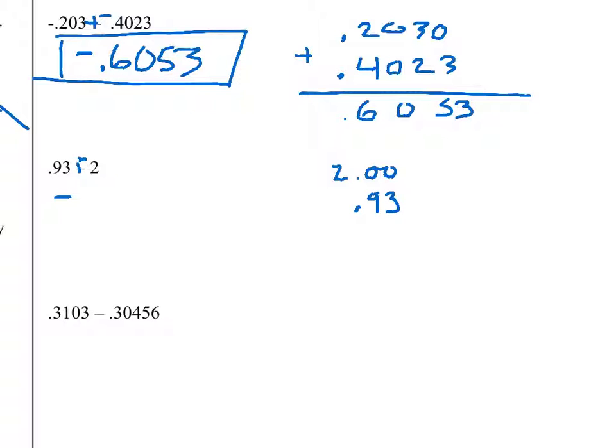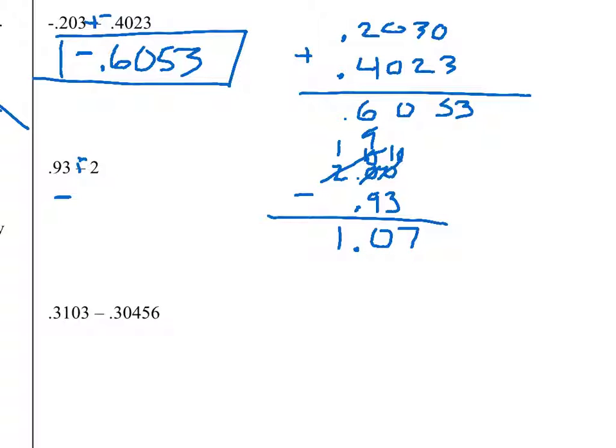All right, so I know my answer is negative. Now I'm going to come over here. This was opposite sign subtract, so I'm going to do the subtraction. I need to borrow, but I don't have anything to borrow from, so I'm going to borrow over here first. 1 becomes 10. Now I can borrow. 9 becomes 10. 10 minus 3 is 7. 9 minus 9 is 0. 1 minus nothing, that is 1.07.